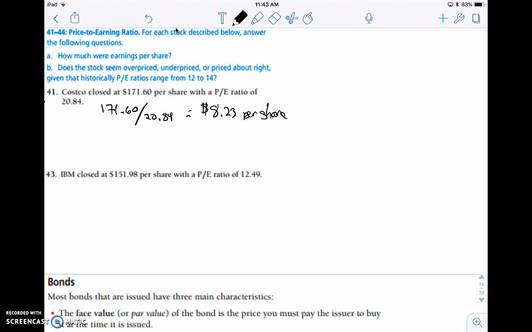And then the next question is, does the stock seem overpriced, underpriced, or priced about right, given that historically the price to earnings ratio ranged from 12 to 14?